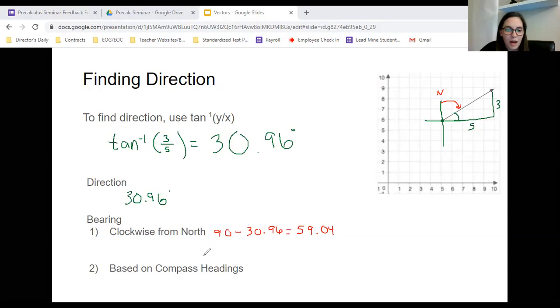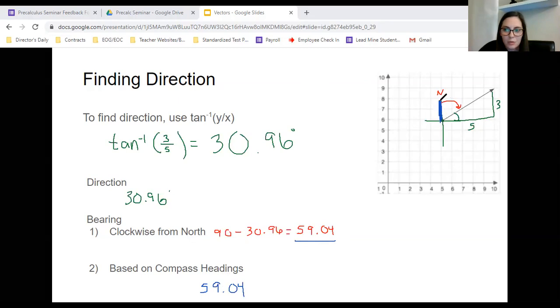All right, now the other option is I can do it based on compass heading. So I'll do this one in a different color as well. So with this one, we're actually going to keep the answer, this 59.04. Now we just have to figure out the letters that go with it, which is the tough part. So generally your first is going to be either north or south.